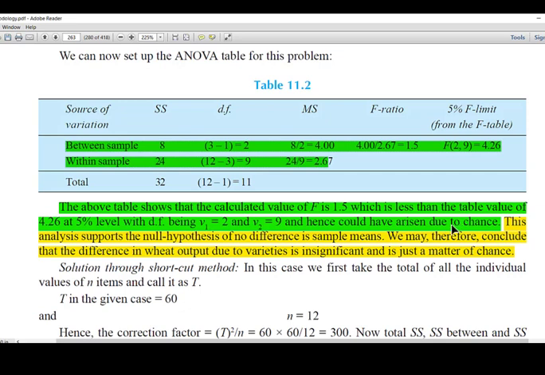There are no specific factors. This analysis supports the null hypothesis of no difference in the sample means. We may therefore conclude that the difference in wheat output due to varieties is insignificant and is just a matter of chance.